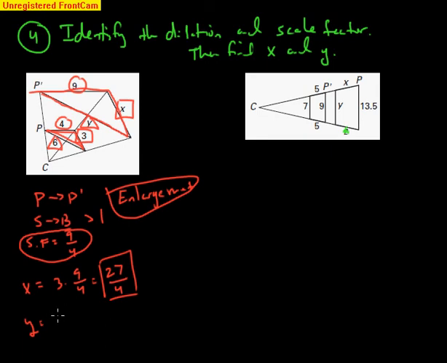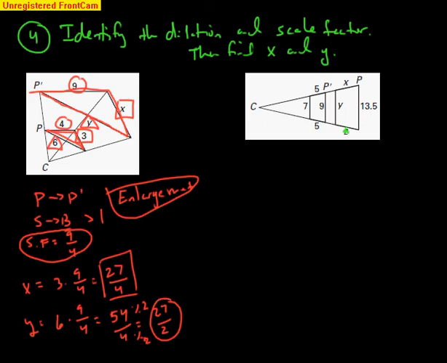So we take y's corresponding side and multiply by 9/4. Now we're going to get 54 over 4, but that simplifies. 54 over 4, both divided by 2 to get 27 over 2. Okay, and there is x and y.